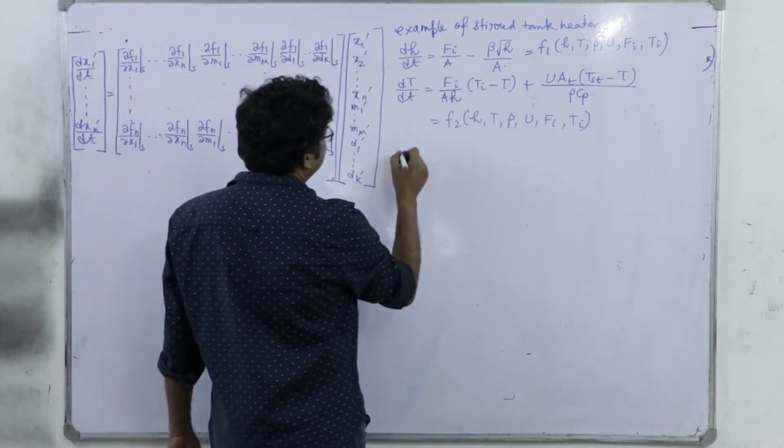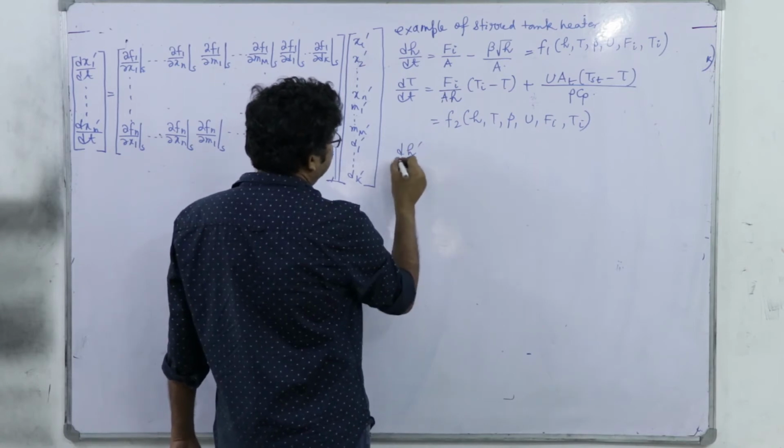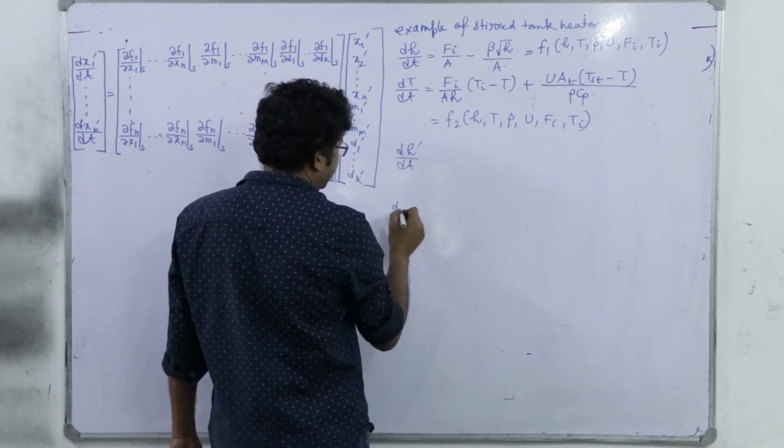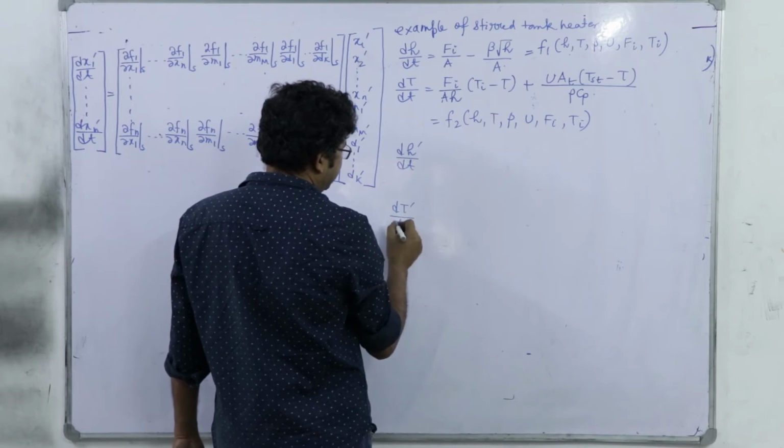So we can write dH prime dt and dT prime dt.